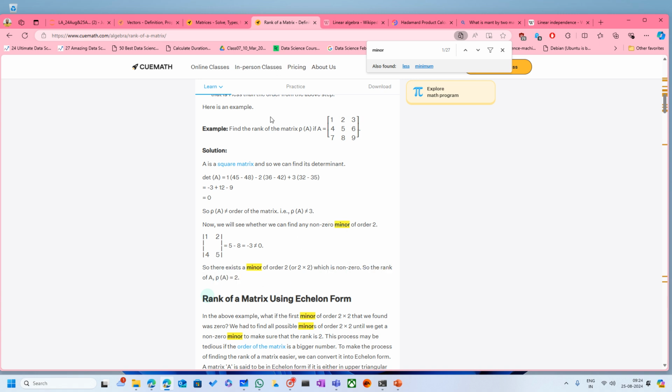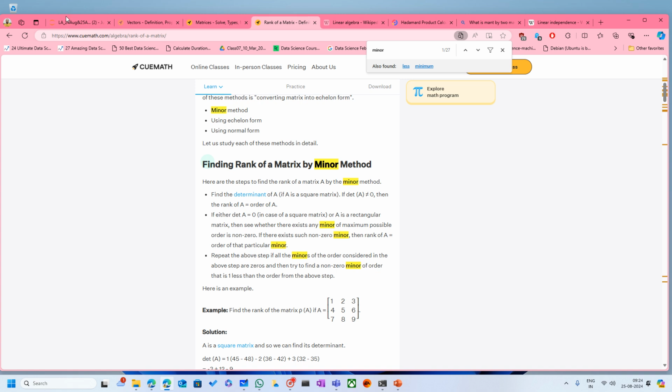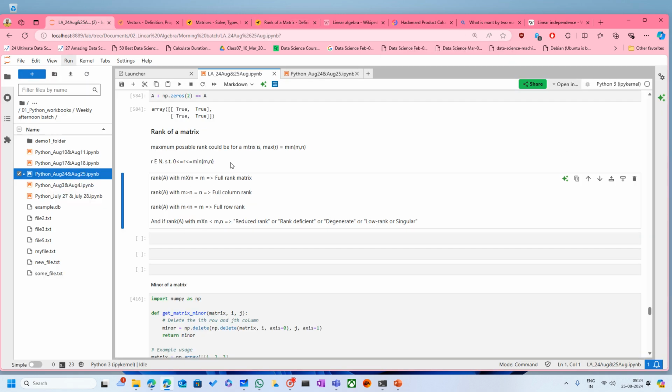In a much simpler way, if you want to understand this, the rank of a matrix is one of two values: either the number of rows or the number of columns.